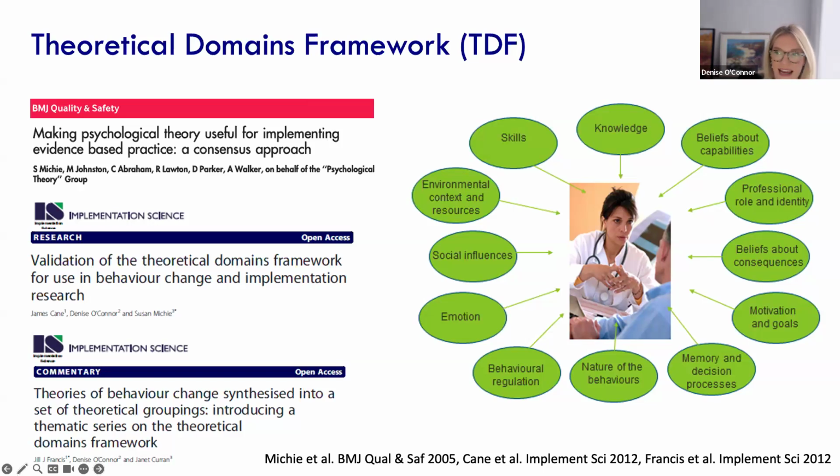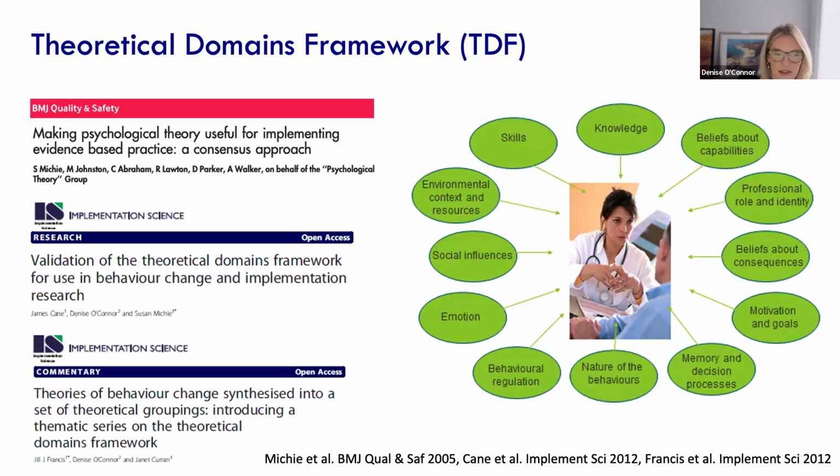Our skills and our beliefs about our capability to do that, whether we remember to do it, whether we think positively about it or find it challenging to do, what our peers and social influences are doing, and supports within our environmental context or lack of supports will also influence whether or not we perform those behaviours.